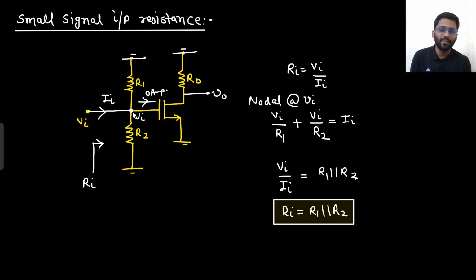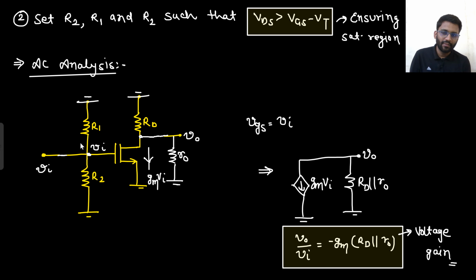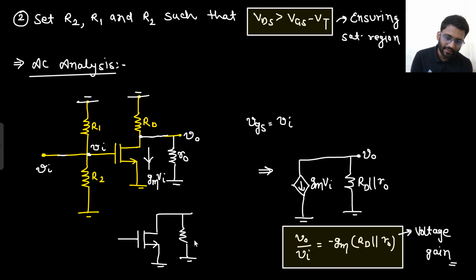And you can directly see it as well. How? Because from this node to ground, R1 parallel R2 is there. So while doing the AC analysis, you can replace this resistance by R1 parallel R2. Basically, this is your amplifier, the simplest and smallest final circuit.